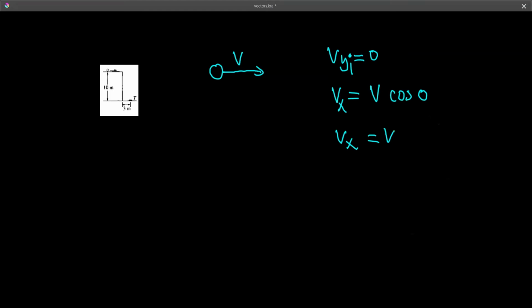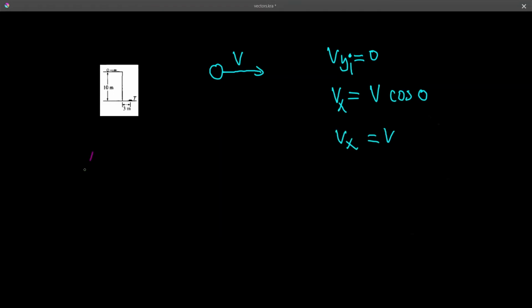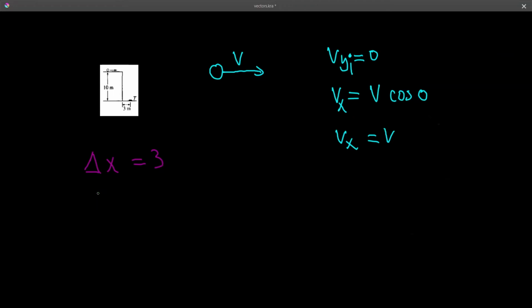That target has a displacement of 3. So what do I have? I have delta x equal to 3. And what I want is Vx, or V. In this case, it's the same thing. So I want Vx equal to question mark.